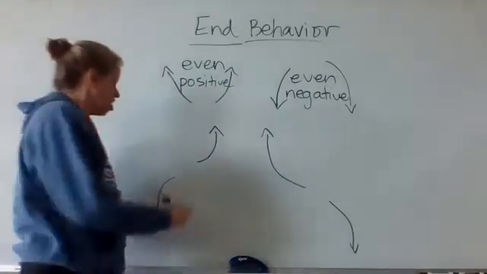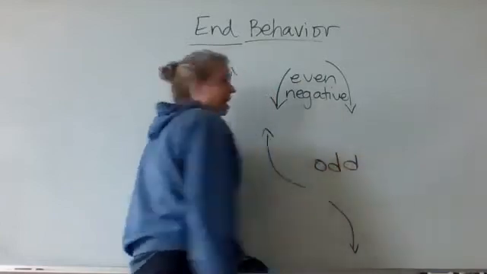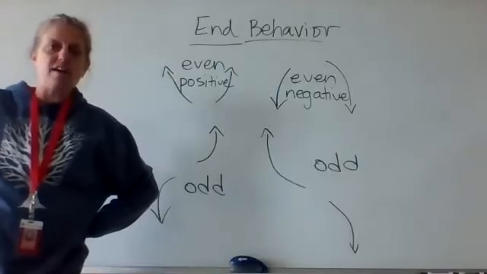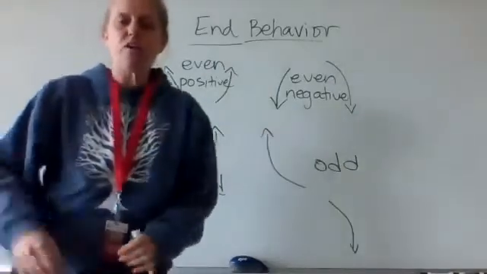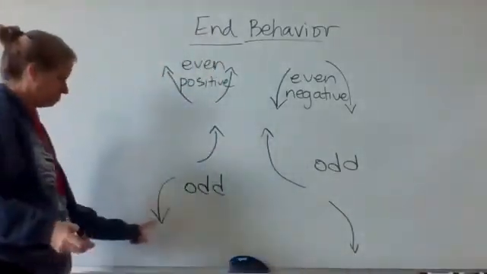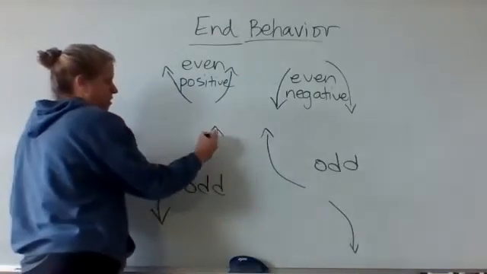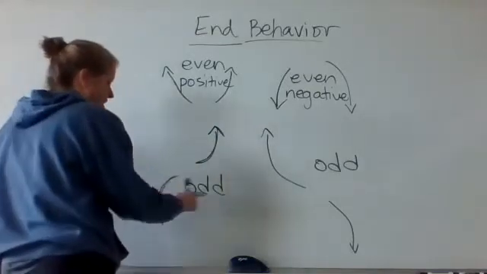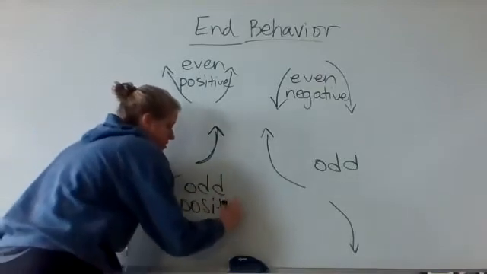These down here are both if the leading or the highest exponent is an odd number, like 1, 3, 5, 7, 9. Any odd number is going to make your end behavior be one up, one down. This one, if you start down but you travel up from the left to the right, that is because the highest exponent's term would be positive.